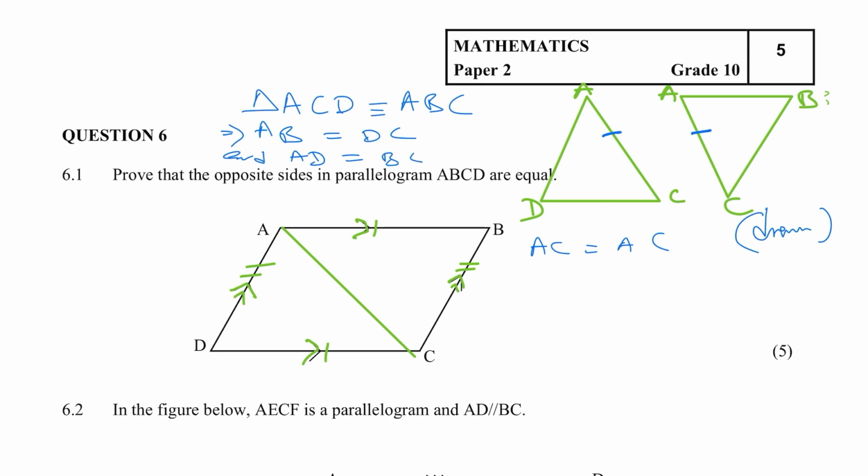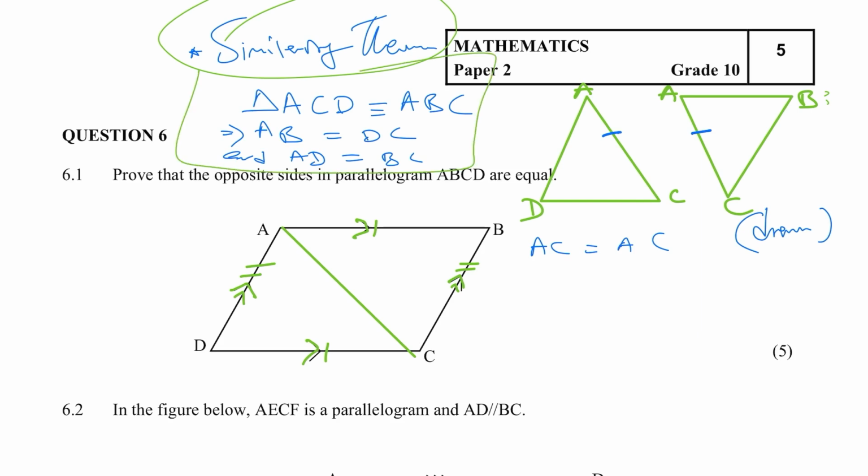If these two triangles are similar, therefore the opposite sides are equal. That's what the similarity theorem says, in a nutshell. Take this down, remember it, it's very important.